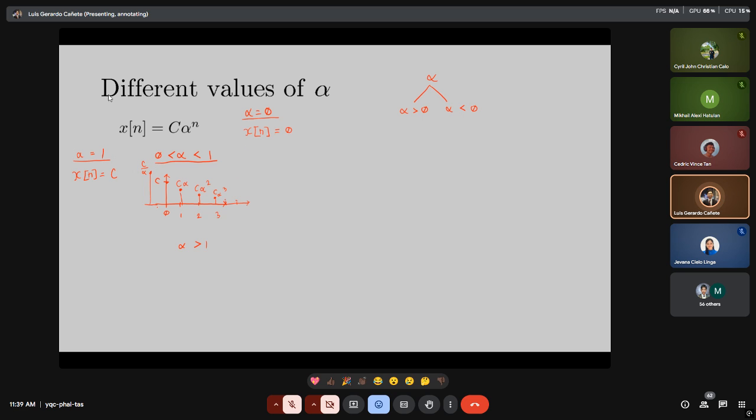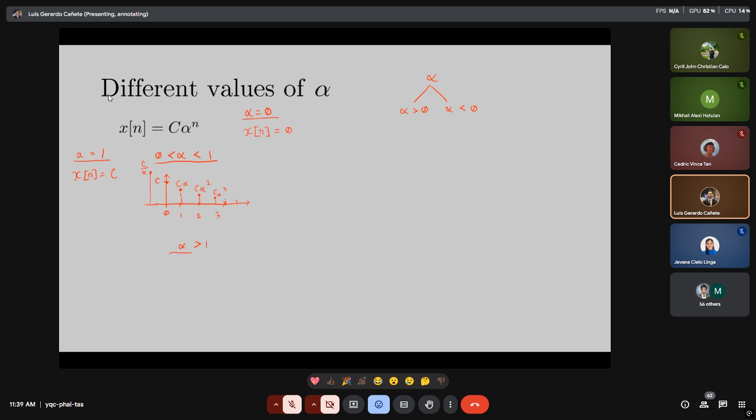So we are going to say c over alpha because that's going to be alpha to the negative 1. So a number divided by a number less than 1 is going to yield a larger value, right? So c divided by 0.9 is going to be a higher value compared to c. So that's going to expand as well as we go to the negative side.